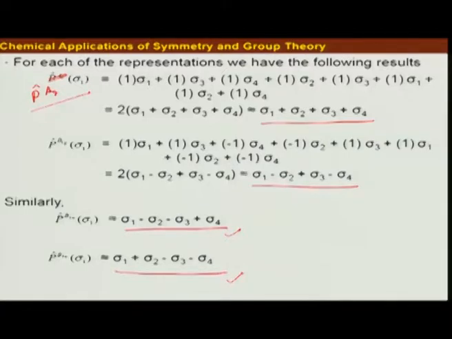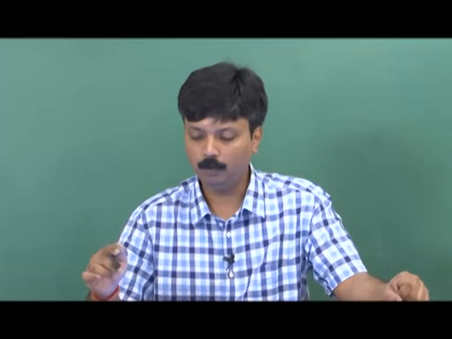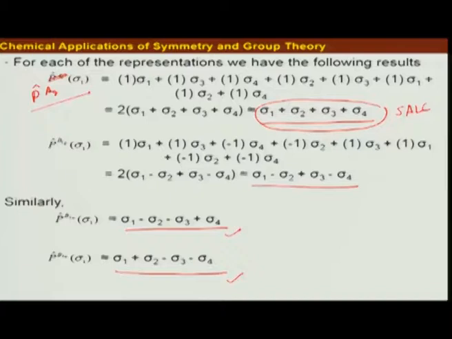Each of these is called a symmetry adapted linear combination. So we started with 4 functions and we got 4 SALCs. Each one of them will transform as the respective irreducible representation.